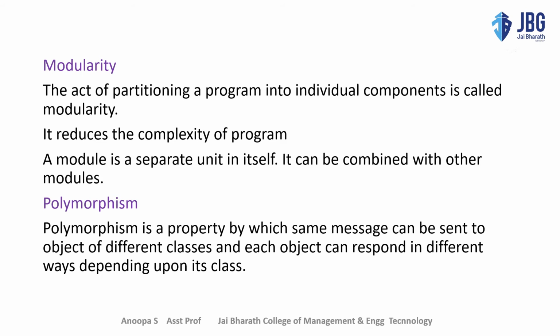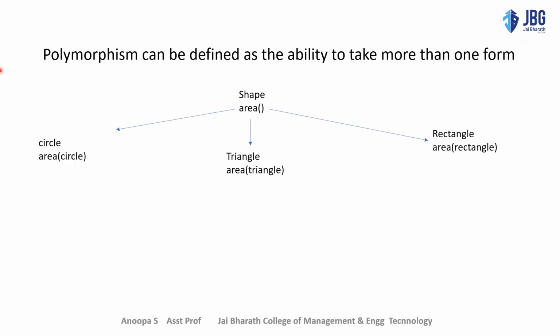And next is polymorphism. The meaning of the word polymorphism is taking more than one form, and it's a property by which the same message can be sent to objects of different classes, and each object can respond in different ways depending upon its class. So, an example here: area is a function which exhibits polymorphism.